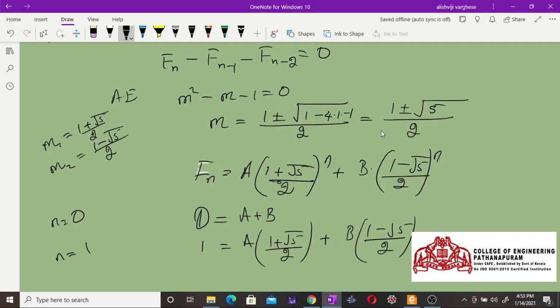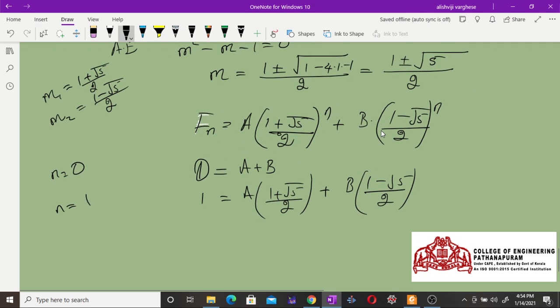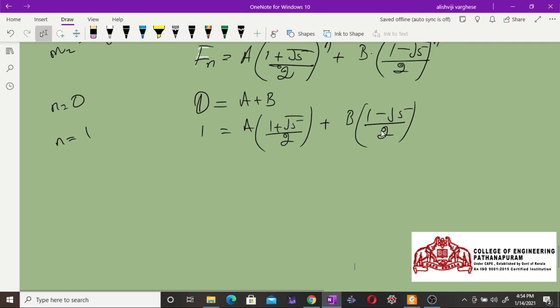By solving these two equations simultaneously, that is a plus b is equal to 0, and if you simplify, 2 is equal to a into (1 plus root 5) plus b into (1 minus root 5), and a is equal to minus b.